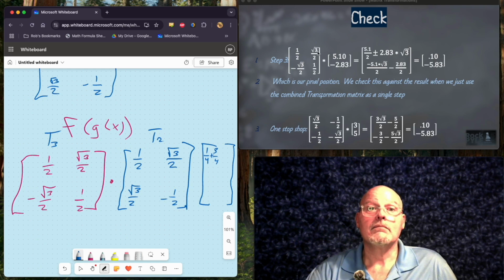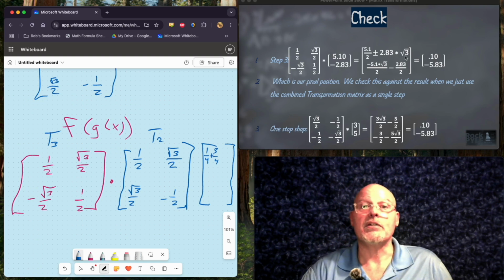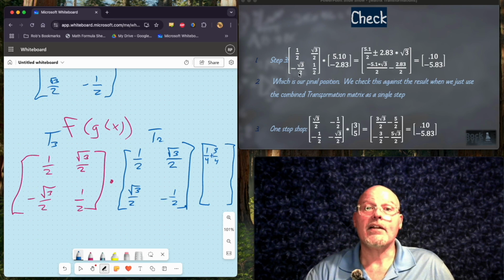Here we go. 5.1 times 1/2 plus root 3 over 2 times negative, the math is right. This is missing an over 2. And then on the bottom we have 5.10 times negative root 3 over 2 minus 2.83 times 1/2. That comes out to 0.1 over 5.83.